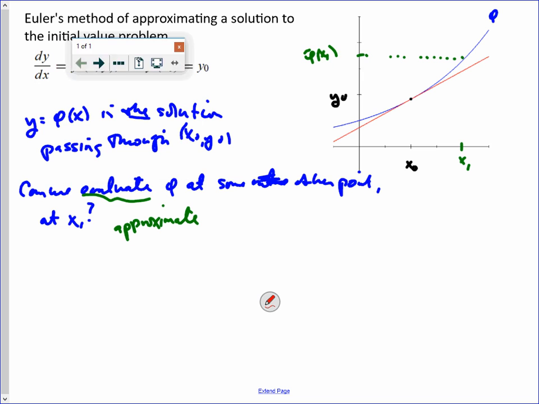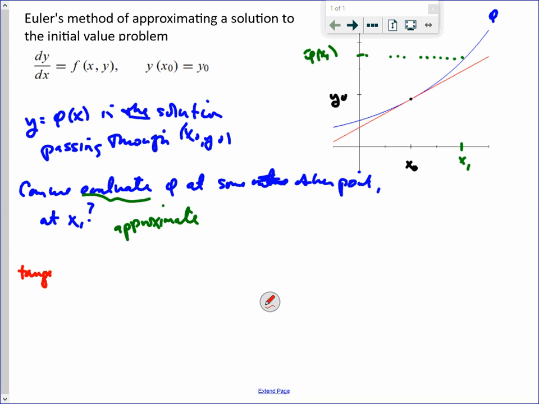This is something I talked a little bit about at the end of the period last time, and I'm going to hope to make a little more sense out of it this time. So the tangent slope at x0, y0 is what you get when you plug x0, y0 into this f of x, y, because that's what dy/dx is, that's the tangent. I've got the tangent line drawn there as the red line.